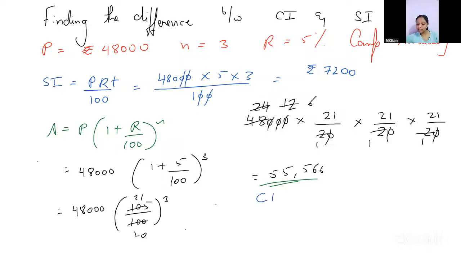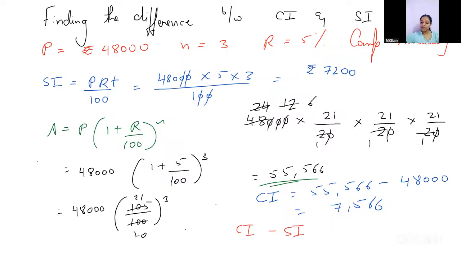CI is A minus P, 55566 minus 48,000. Now we will get 7,566. You'll take the difference, CI minus SI. The difference becomes 7,566 minus 7,200, 366.